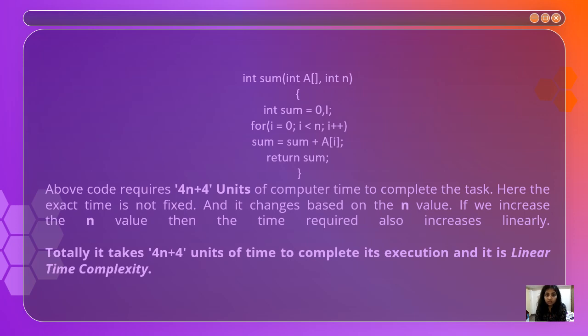In this code, the function performs the task of summing n array elements, and it requires 4n plus 4 units of computer time to complete the task. Here the exact time is not fixed and it changes based on the n value. If we increase the n value, the time required by the algorithm also increases. So totally it takes 4n plus 4 units of time to complete the execution, and this is known as linear time complexity.